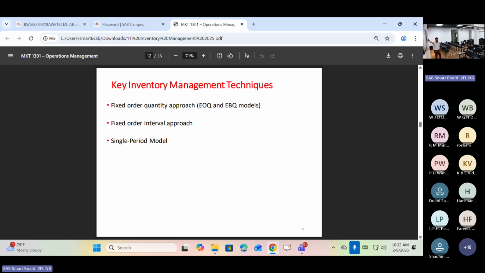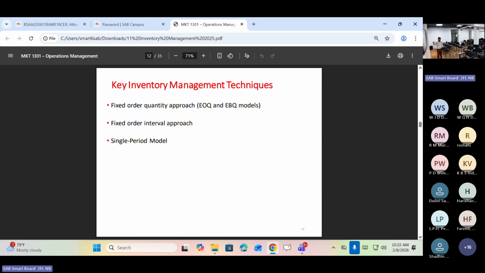The fixed order interval approach is applicable for items that are frequently refilled at regular intervals, maybe after a few days or a few weeks, you refill the inventories. Single period model techniques are applicable for items that have different types of demand. The items are required only for a specific period. You don't have to maintain more inventories after that. In such a case, single period models are applicable.